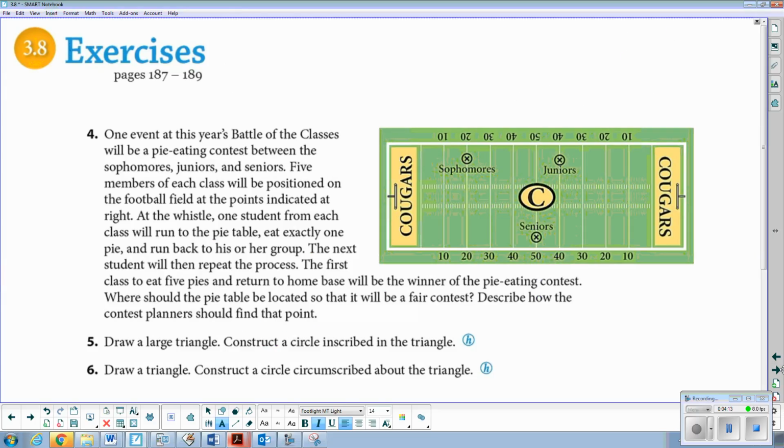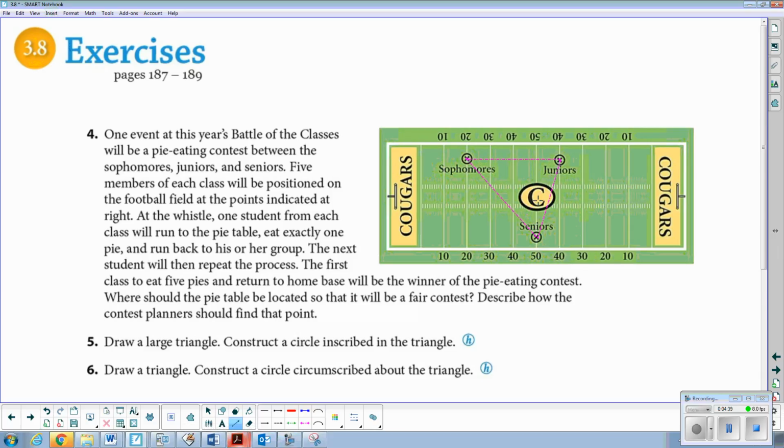All right, and then the next one is very similar. We did this one in class as well, and you can read through the problem on your own. Our goal is to find a table to put the pies on that is the same distance from each of these class tables. So here are our vertices.